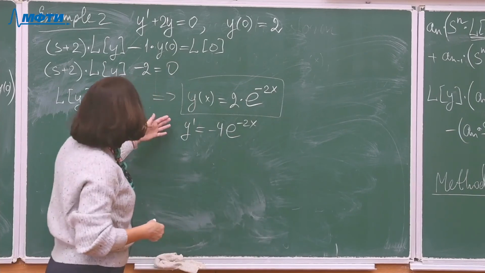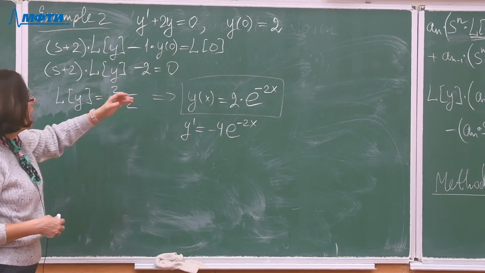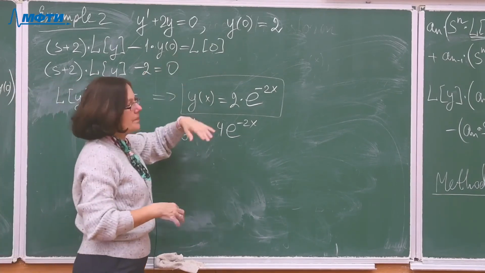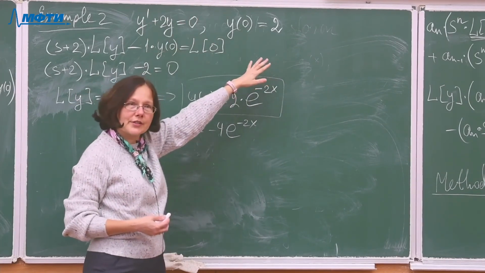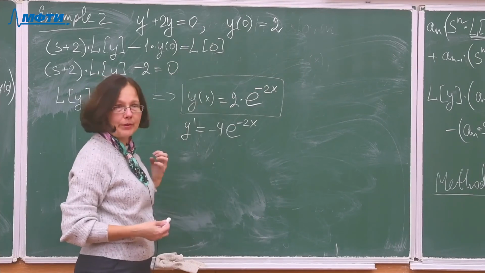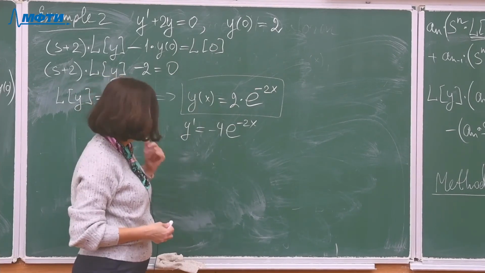But now, by the method of Laplace transform, we use simultaneously the differential equation and the initial conditions. And we get the answer to the initial value problem immediately, right?